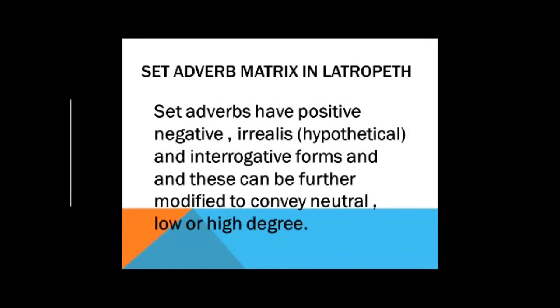Set adverbs have positive, negative, irrealis, and interrogative forms. Irrealis means hypothetical essentially. Interrogative is when you're asking a question, and these can be further modified to convey neutral, low or high degree. So there's a bunch of other variables that come into play in terms of these forms that you're about to see.